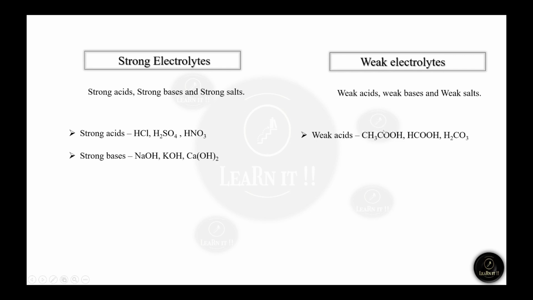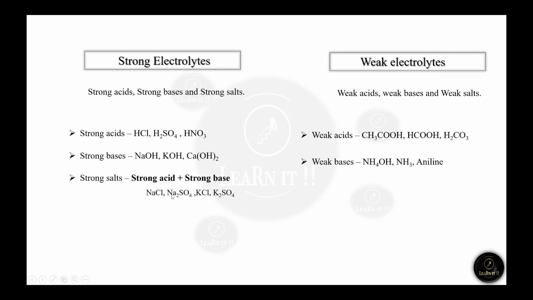Weak acids like acetic acid, formic acid, carbonic acid are weak electrolytes. Weak bases include ammonium hydroxide, ammonia, aniline. With respect to salts, strong salts are made up of a strong acid and a strong base. For example, the salt made up of HCl and NaOH is a strong salt, that is NaCl.